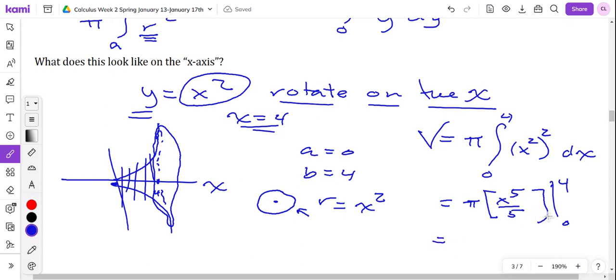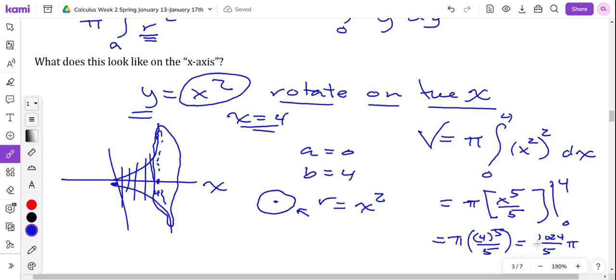Then I know 0 gives me nothing, so I get pi times 4 to the 5th power divided by 5, and that gives me some ugly fraction. 4 to the 3rd is 64, 4 to the 4th is 256. What's 4 times 256? 1,024 over 5. I believe it's right. Someone check the calculator for me on that one.